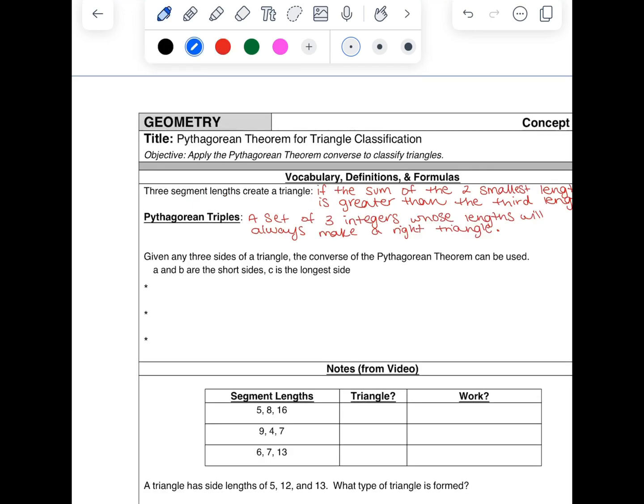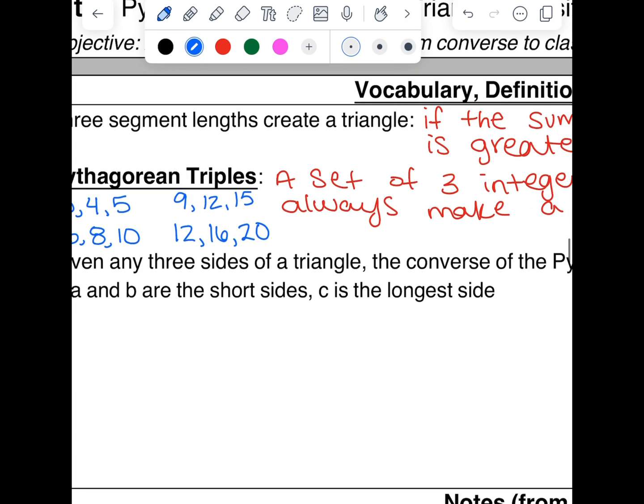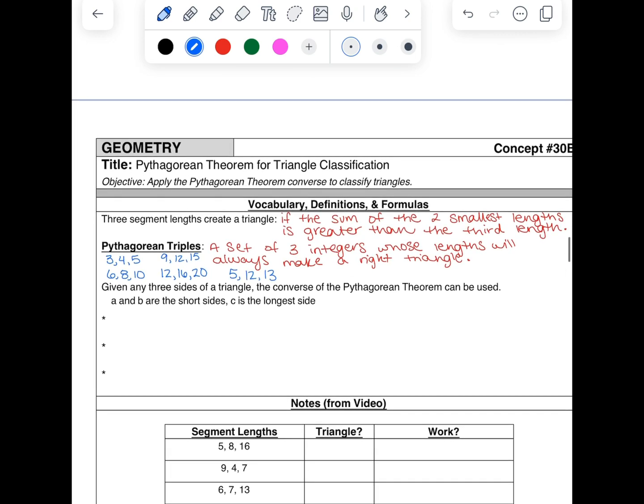There are a few examples of these that you will see quite often, and these include 3, 4, and 5, 6, 8, and 10, 9, 12, and 15, 12, 16, and 20. And one more you might see is 5, 12, and 13. There are many more Pythagorean triples, but these are the first 5.